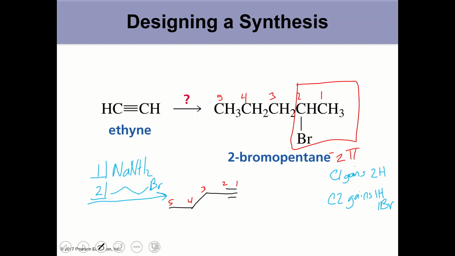So I could treat with Lindlar's catalyst and H2, and that would give me the 5-carbon alkene. And then I could treat the 5-carbon alkene with HBr to get the 2-bromopentane.